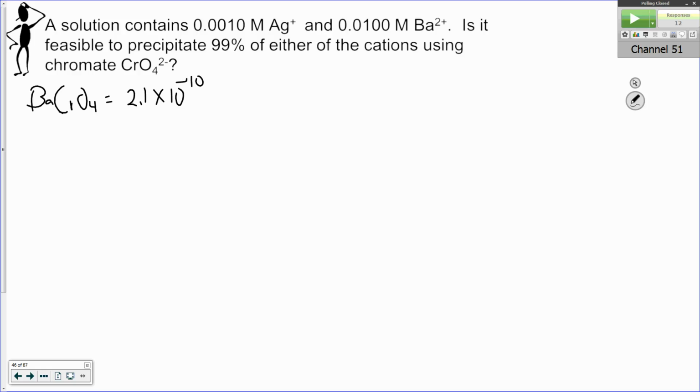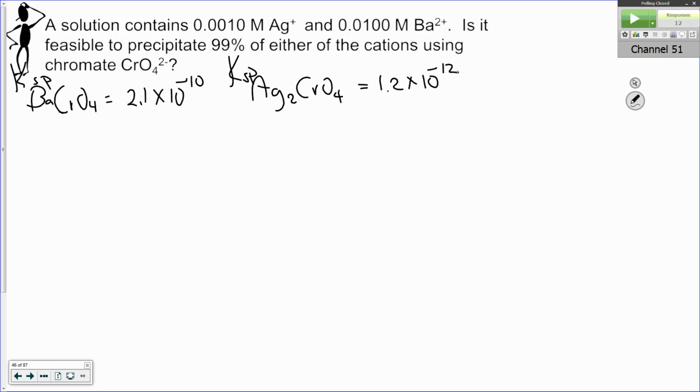And if I find silver's, those are pretty close. Silver's KSP, and both of these are KSPs, is 1.2 times 10 to the minus 12. Yep.